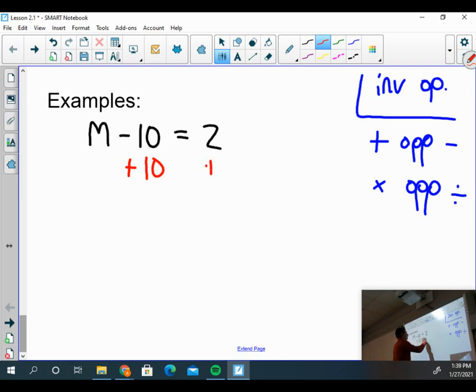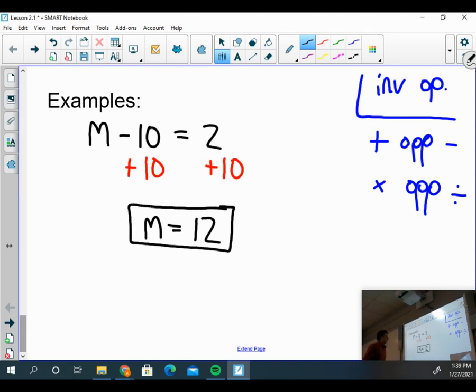But what I do to one side, I must also do to the other. So I also add 10 to the right side. The minus 10 and the positive 10, when you add those together, are 0. So I'm just left with m. On the right side, I have 2 plus 10, which gives me 12. So I find out that m equals 12.